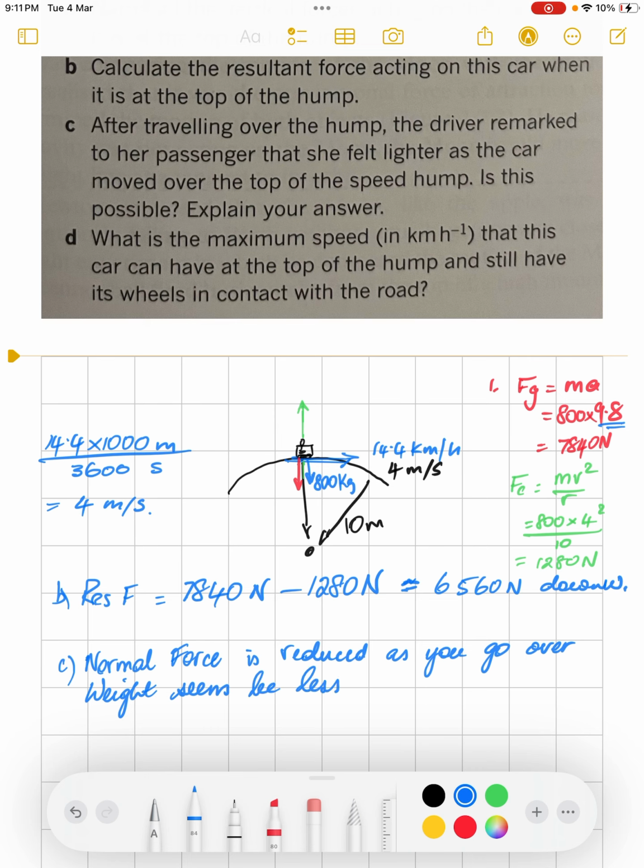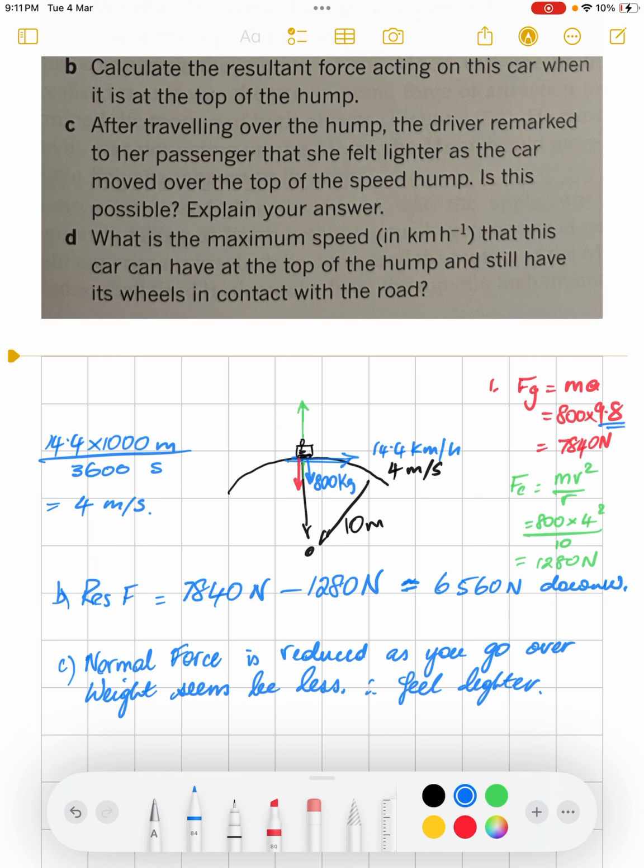So you do feel lighter. You feel lighter because the seat is providing less normal force onto you. If you fly up out of your seat, the seat doesn't need to provide any force whatsoever, at which point you'd be quite weightless.